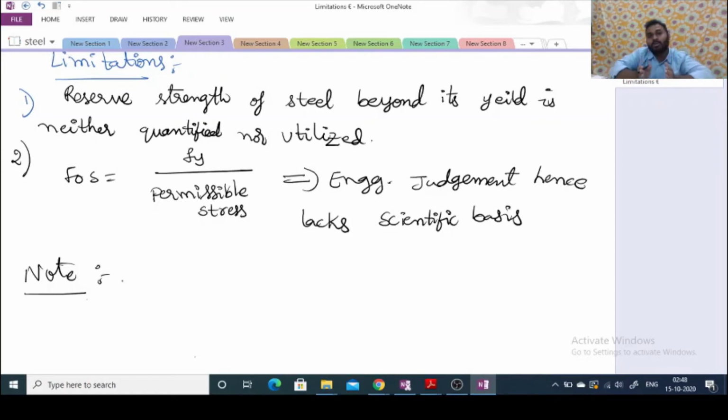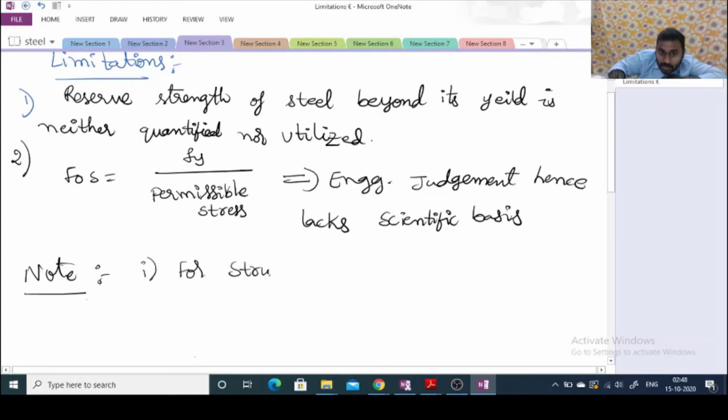So the factor of safety we have written here, Fy by permissible stress, is for structural steel sections.